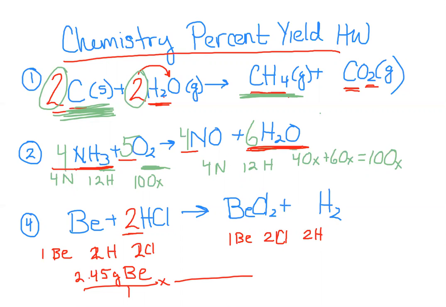What are you looking for? It told you beryllium chloride, which is this. So you're going to change the 2.5445 grams of beryllium to see how many grams of beryllium chloride that would make. And that's going to be your theoretical, and then your actual is given in the problem. So you can finish that.